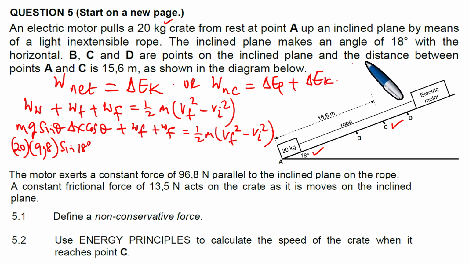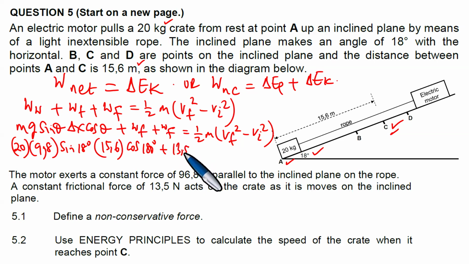The distance between points A and C is 15,6, so we put 15,6 here times the cosine of 180 degrees, plus 13,5.